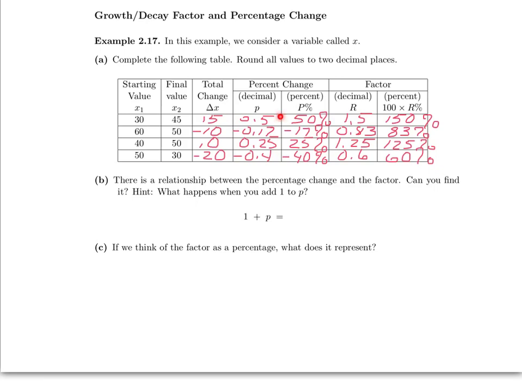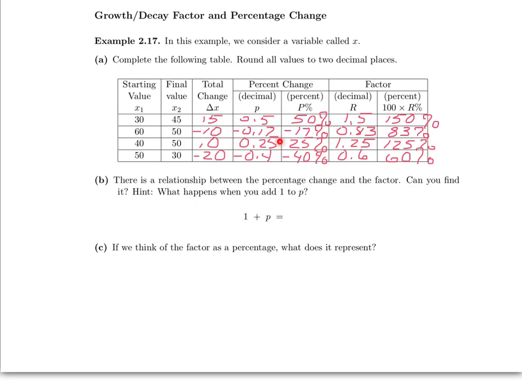If I add 1 to 0.5, I get 1.5. Notice R is 1.5. If I add 1 to negative 0.17, I arrive at 0.83. Notice that R is 0.83.